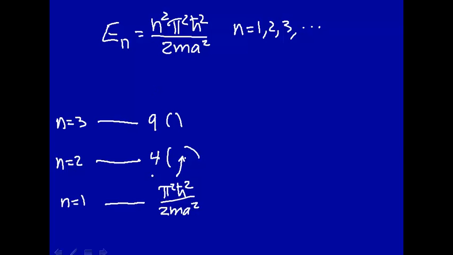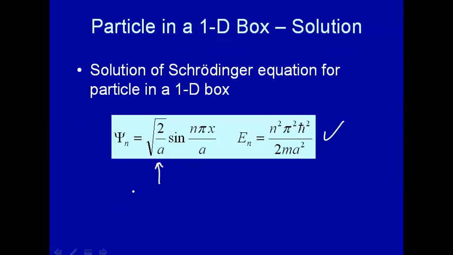So the difference here is 3, the difference here is 5, the difference there is 7, and so on. Okay, so those are the energy levels, what they look like for a particle in a 1D box. So that's it, I think. Yes, I think we've discussed all there is to discuss about a particle in a 1D box.